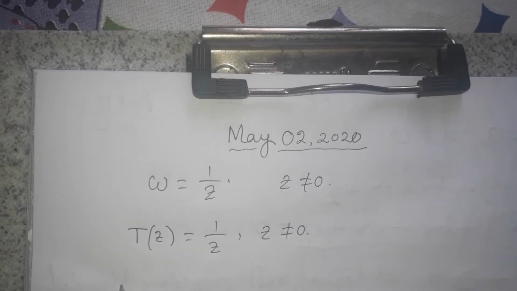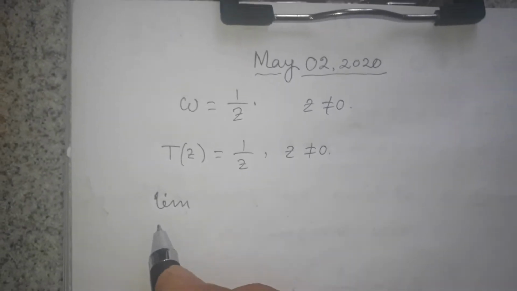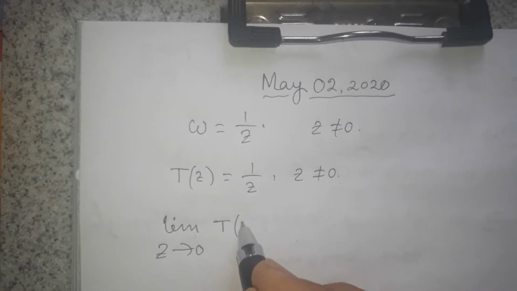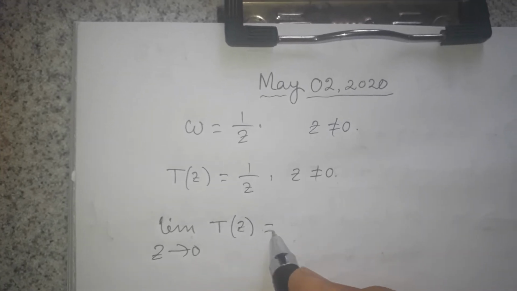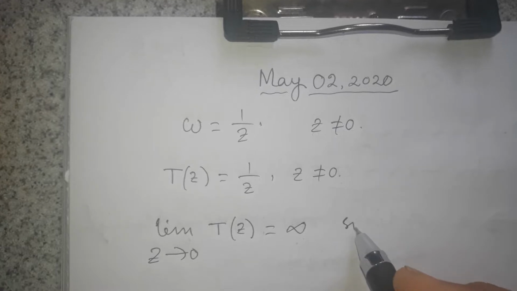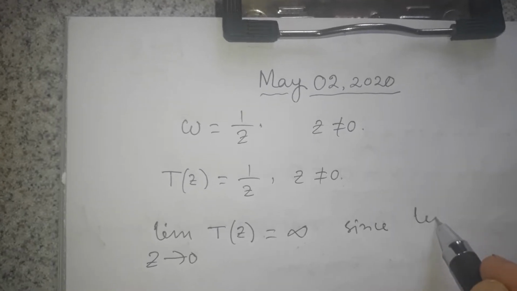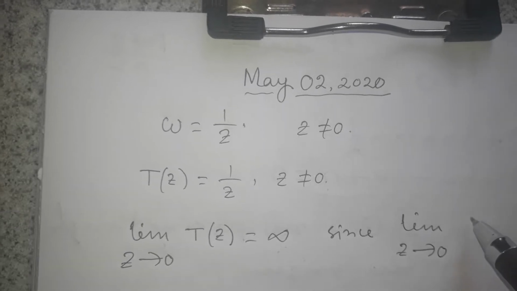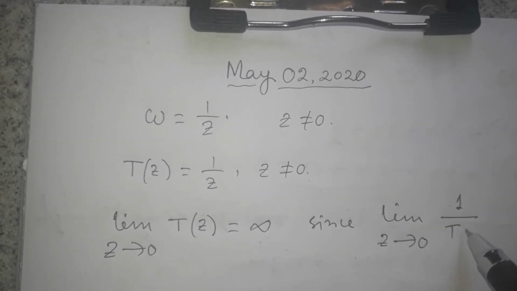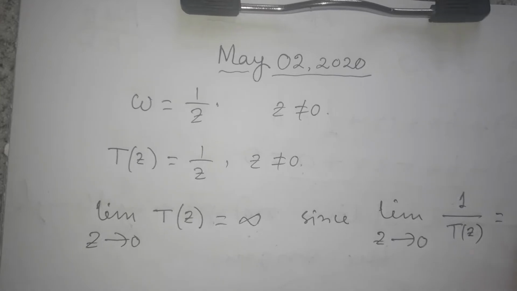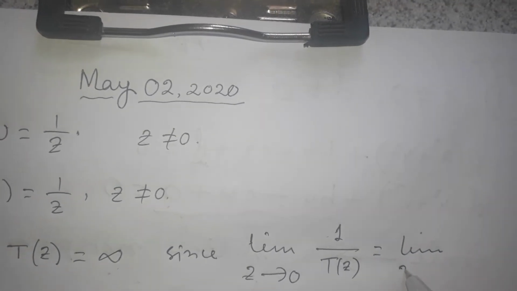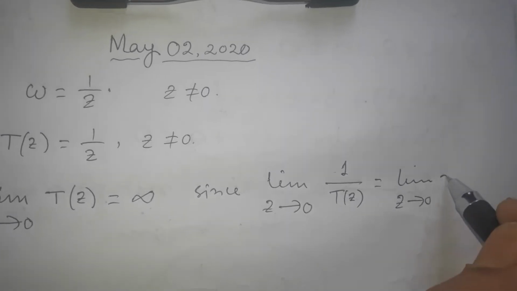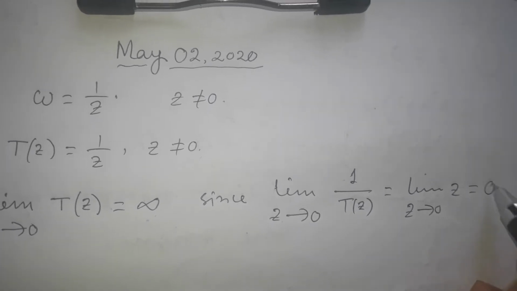You notice that the limit of T(z) as z tending to 0 is equal to infinity, since the limit as z tending to 0 of 1 upon T(z), and what is 1 upon T(z)? 1 upon T(z) is z, and we know that this is equal to 0.